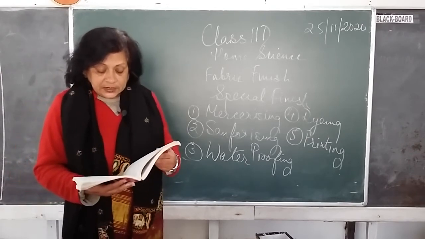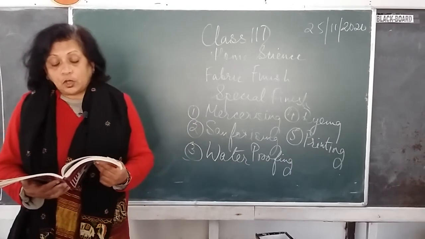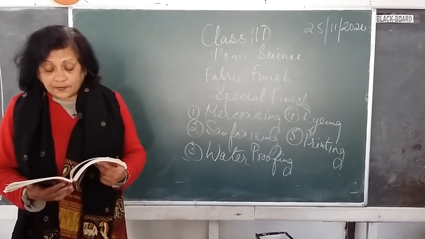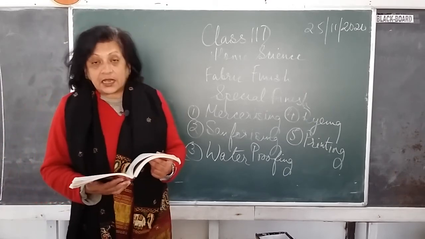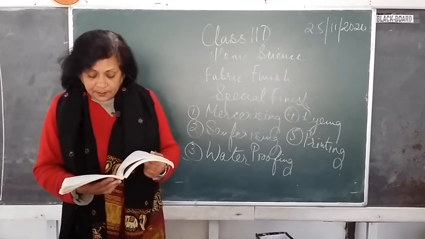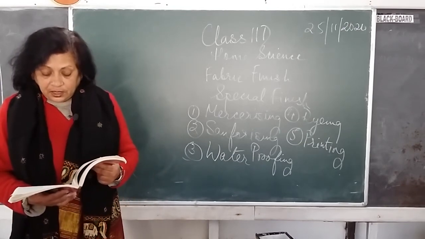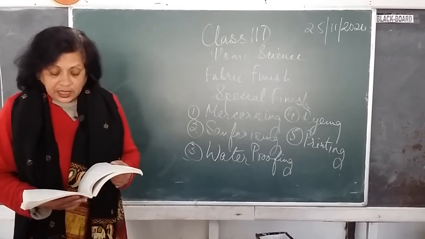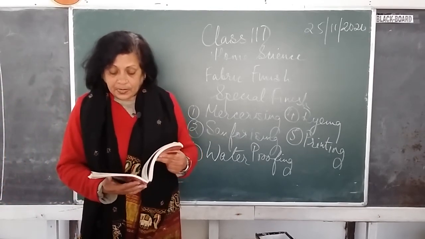So dyes, as we can see, are compounds which are either natural, got from vegetable or animal sources, or man-made dyes, acid and basic dyes, which are made by man, and they are permanent. They do not fade after washing, and they will not be affected even by direct sunlight.